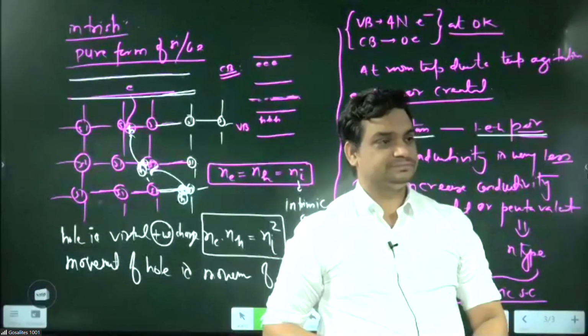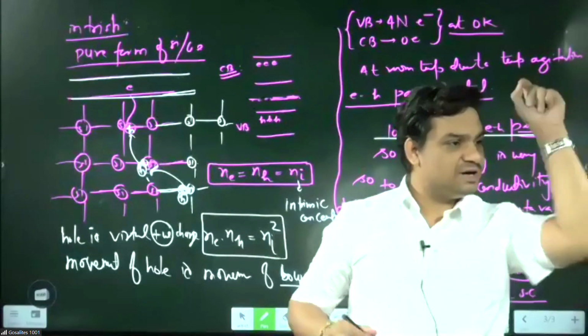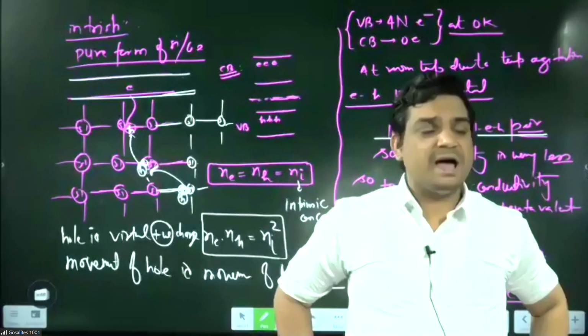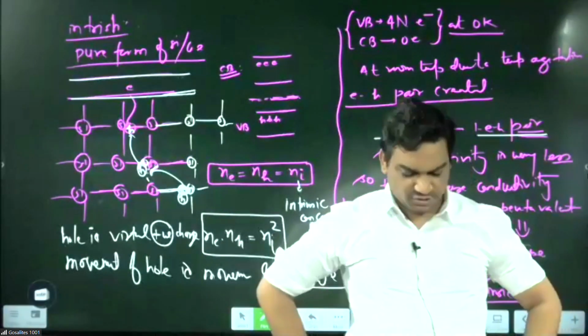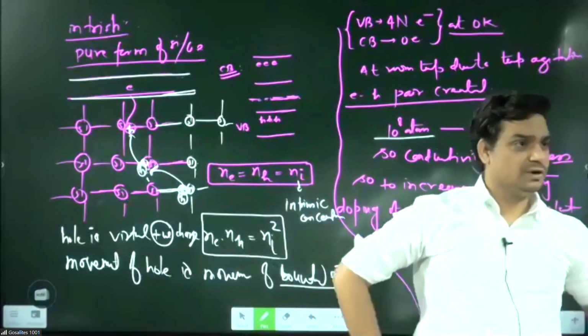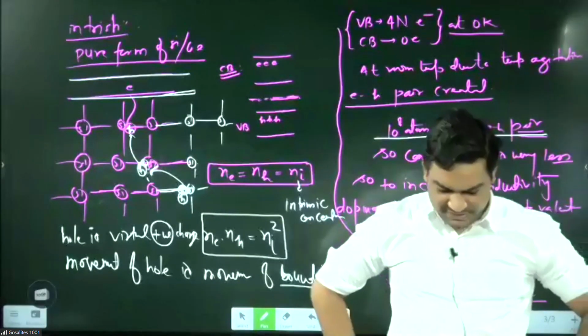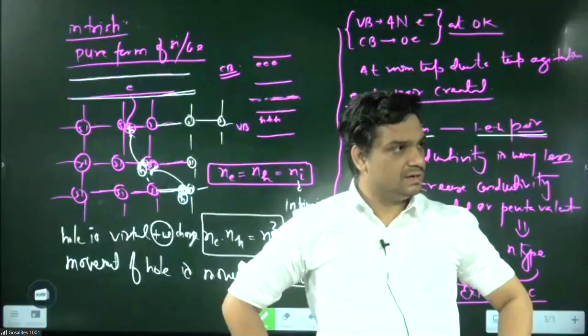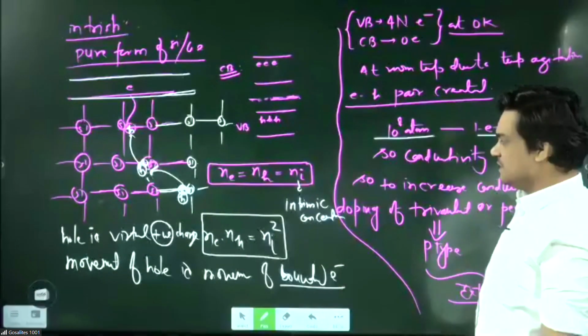Because holes require more energy to move or less energy to move? Because holes require less energy to move. Write it fast. Holes require less energy to move. Okay. So these were the basics in this one.